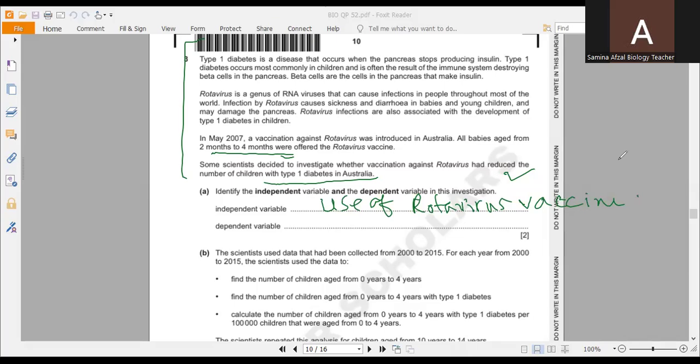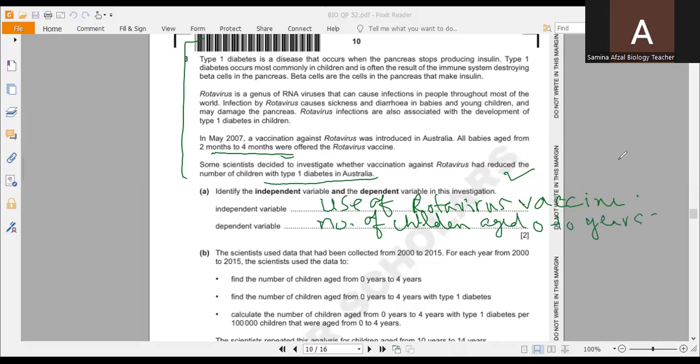The dependent variable is what the scientists are measuring to see if it is affected by the independent variable or not. So here the dependent variable will be the number of children who will be affected or not affected by the use of this vaccination. So the number of children aged 0 to 4 years.